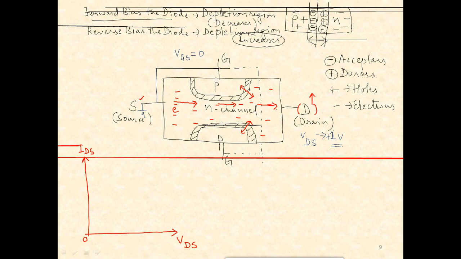Okay, see, gate is being held at a ground potential similar to that of source. So I can say that P region is held at a comparatively lower potential when compared to the N region, wherein I am applying a positive potential to the drain end.